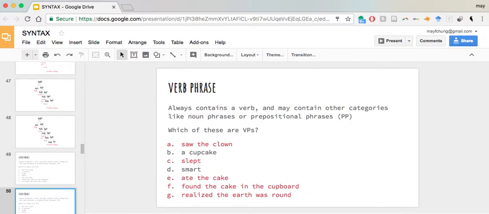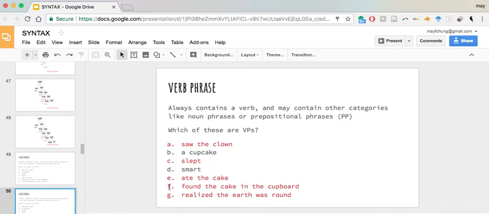So I would say these are verb phrases. A, saw the clown. C, slept. E, ate the cake. F, found the cake in the cupboard. And G, realized the earth was round. I would say that these are more likely to be verb phrases than noun phrases. How do I know? Because you can always use constituency tests to figure out what the grouping is, and they always must consist of a verb.